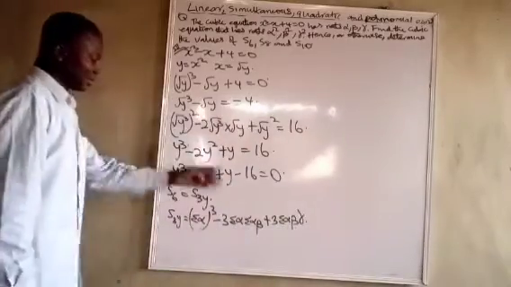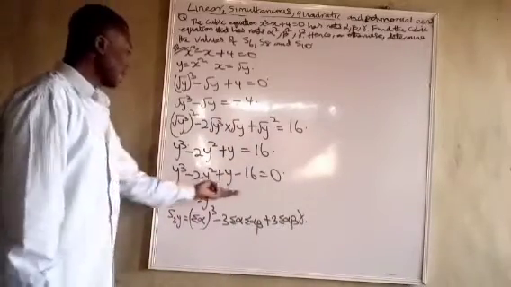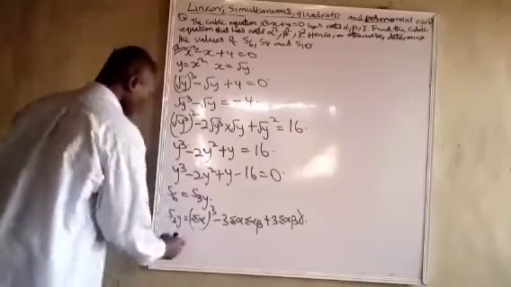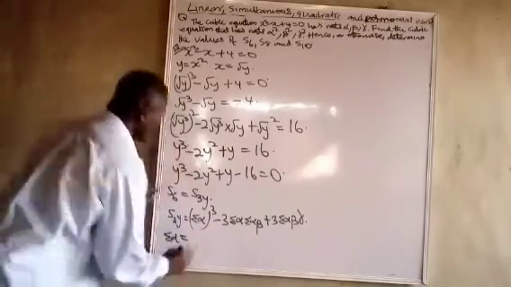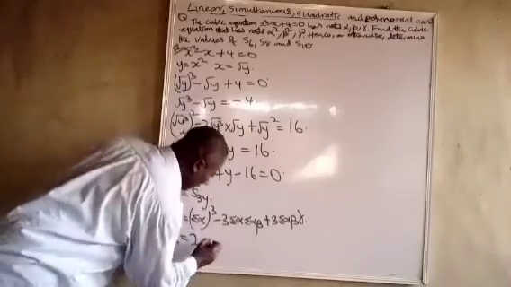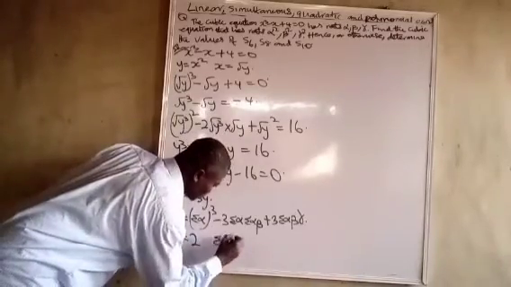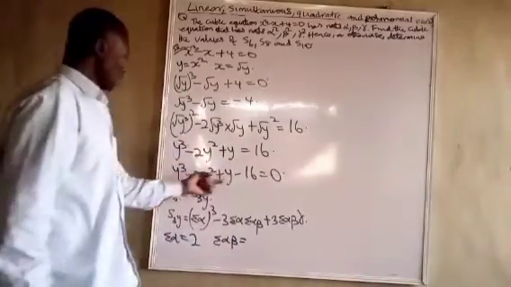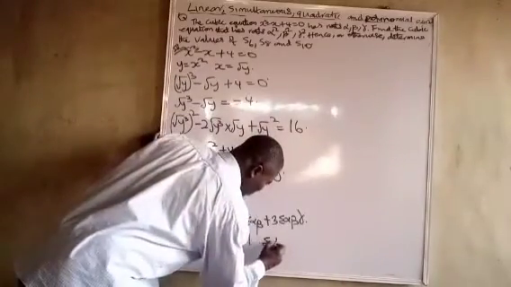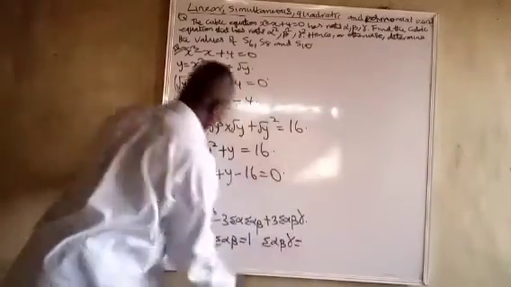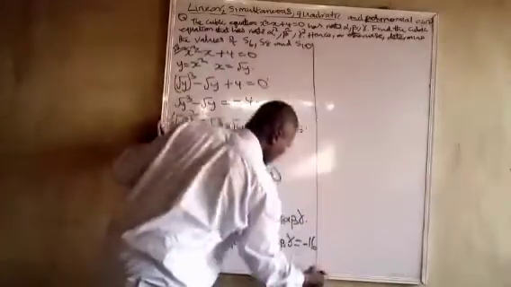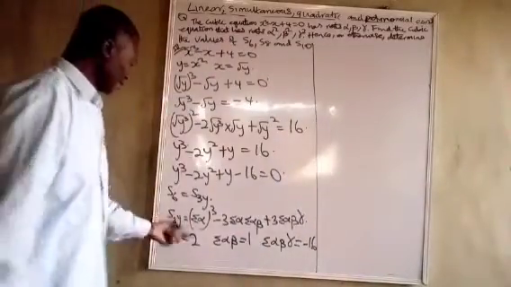So this one makes it easy for me, unless I want to start working it out one after the other. So what is summation alpha? That is minus 2 over 1. That is 2. What is summation alpha beta? 1 over 1, 1. What is summation alpha beta gamma? Minus 16.